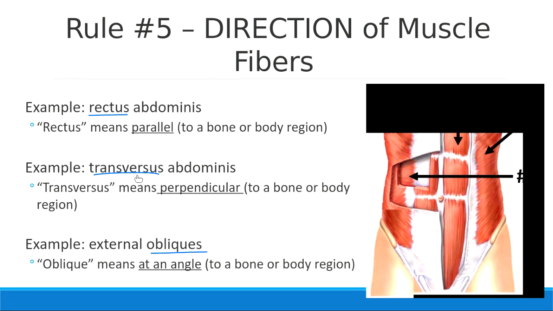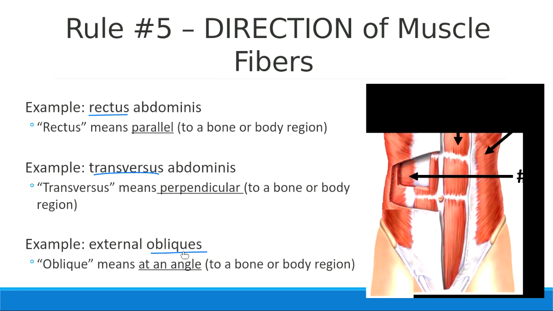Transversus means that it's going opposite, if you will. So if my bone goes down, a transversus muscle goes opposite to it. It's perpendicular. So transversus abdominis is the layer of muscles that's all the way deep inside the abdomen. Transversus abdominis. And then the last layer of muscles that I have are what are called the oblique muscles.